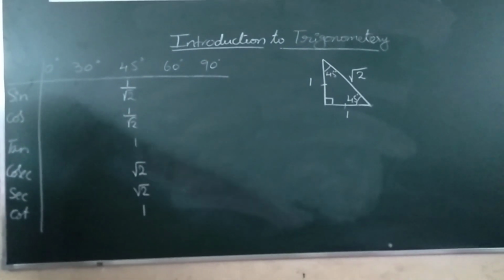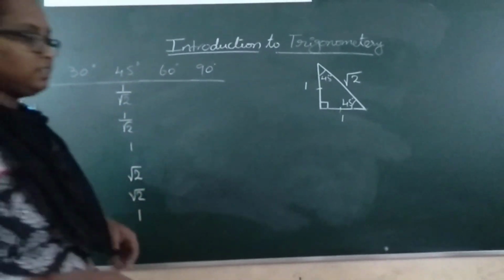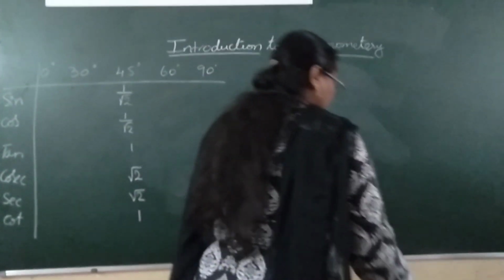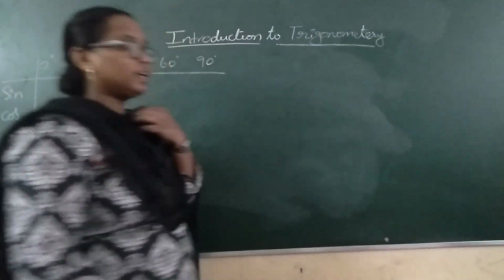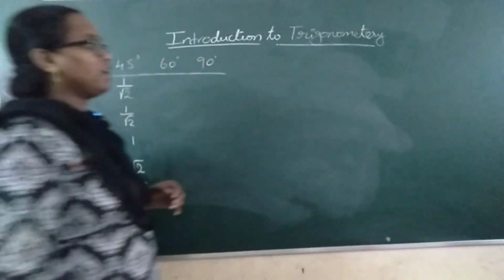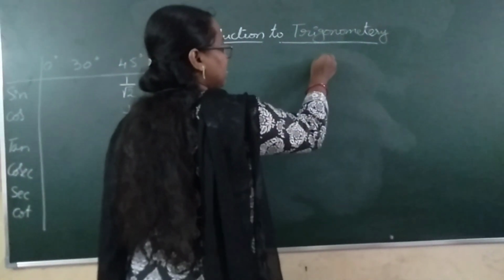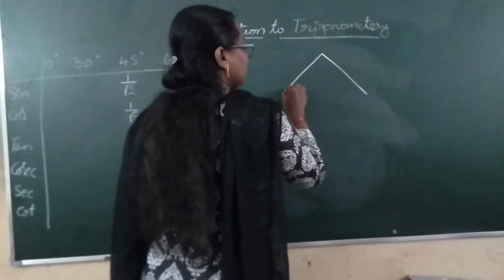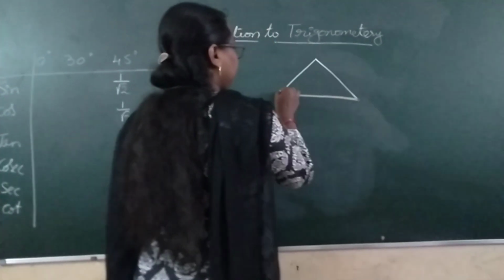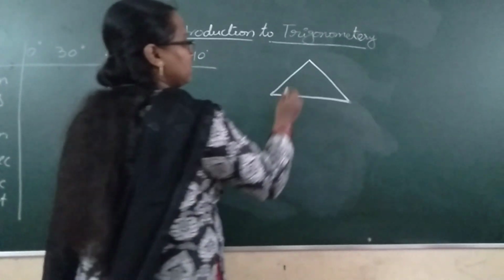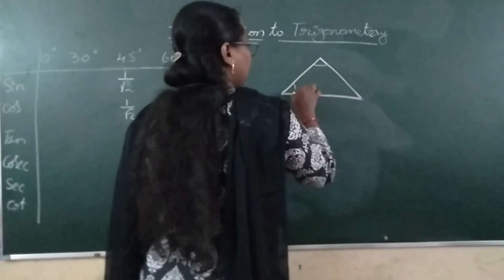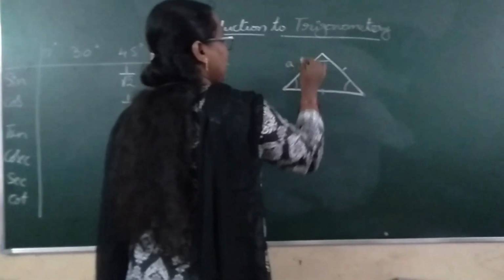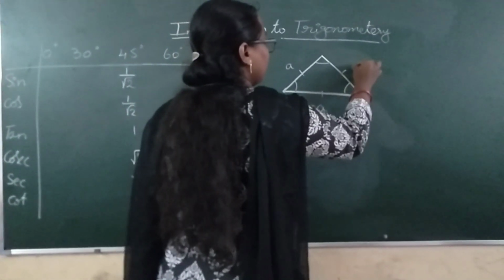Now let us see 30 degree and 60 degree. To take that, let us see 60 degree in a right triangle. In which triangle can we see 60 degree? In the equilateral triangle. So I am going to take an equilateral triangle. If one side is A units, the other sides are also A units.